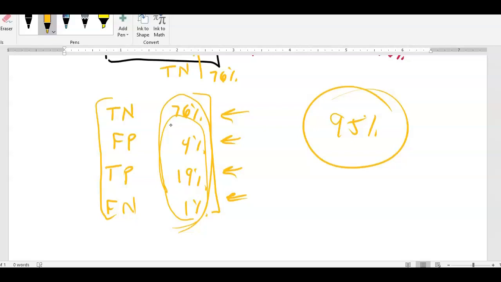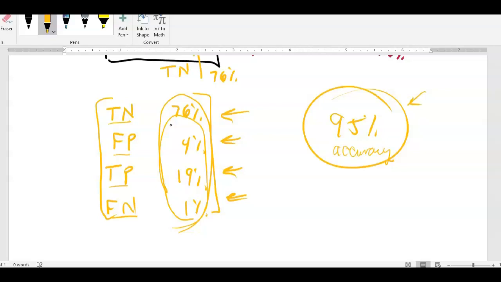There's 100% of the people accounted for here, because there are four things that can happen: true negative, false positive, true positive, false negative. So we should get a total of 100% of the people based on a 95% accuracy of the test. So notice this 95% is about accuracy.